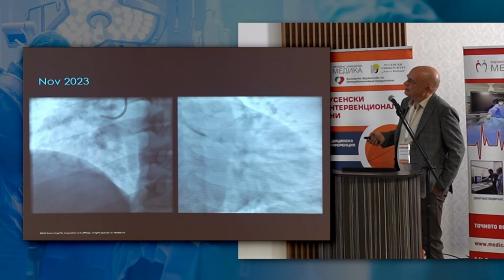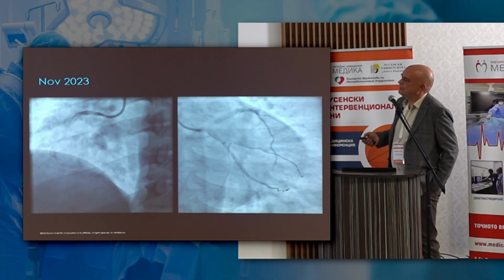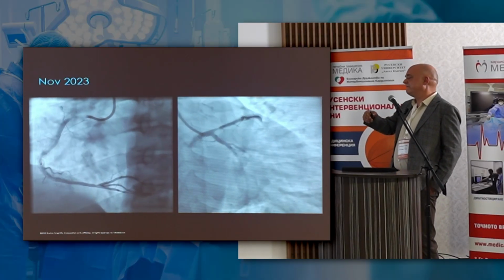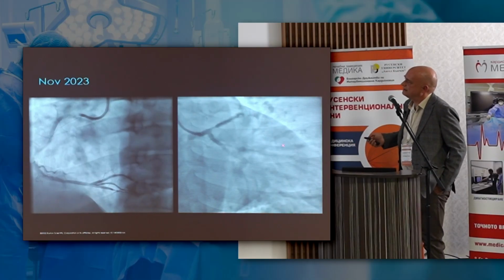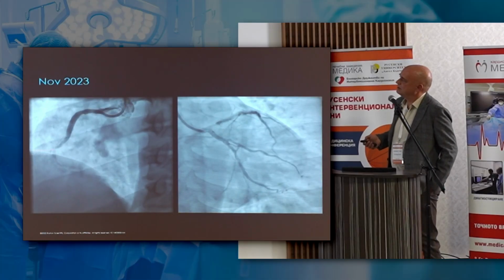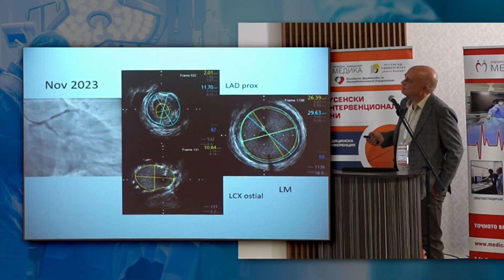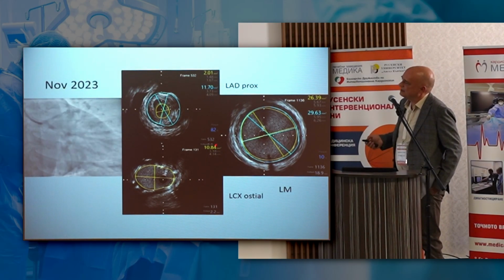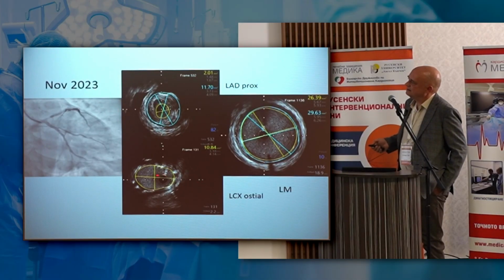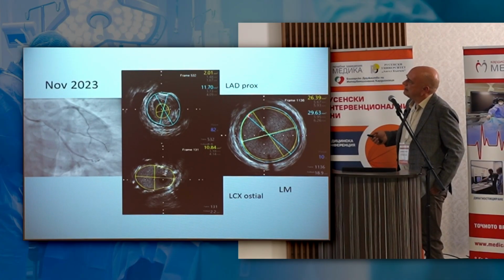And this is the angio from 2 years ago. In the meantime, with the first intervention, he received 9 stents and 1 BVS down to the mid-LAD stent, and he came with unstable angina and this proximal lesion of the LAD. So we performed IVUS, and here you can see a minimal lumen area of around 2 square millimeters. This is the ostium of the circ, which was stented, with a fairly low lumen area, and a wide left main.